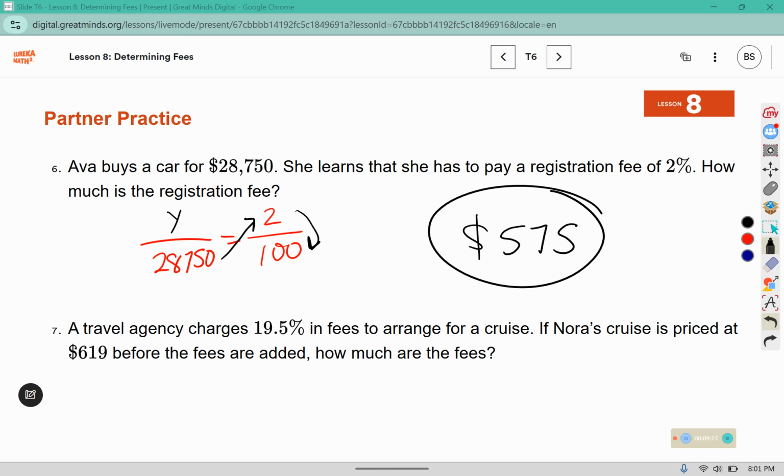A travel agency charges 19.5% in fees to arrange for a cruise. If Nora's cruise is priced at $619 before the fees are added, how much are the fees? So we'll multiply and divide. 619 times 19.5 divided by 100.